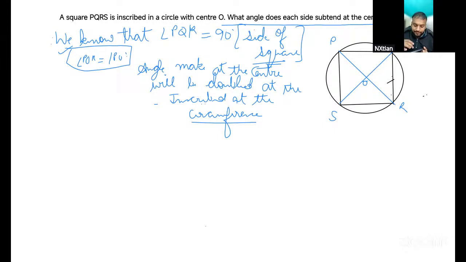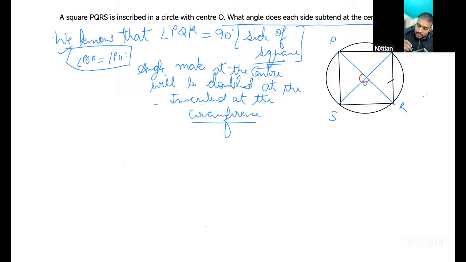Okay, listen, guys. So we know that this is 90 degrees. Yes, this is 90 degrees or not? If this is 90 degrees, then this angle POR will be 180 degrees, because it is double the side.